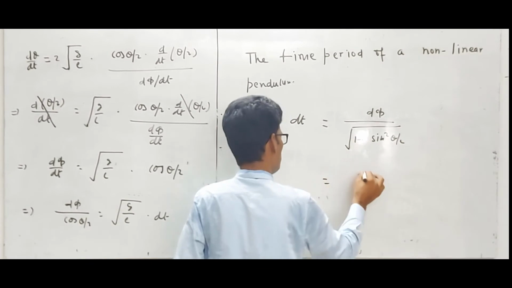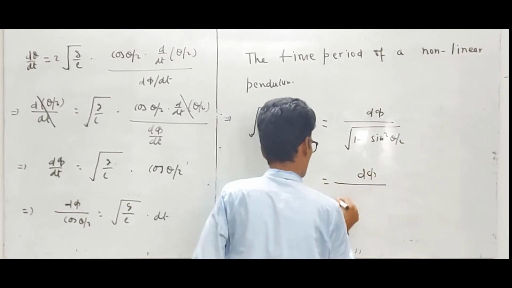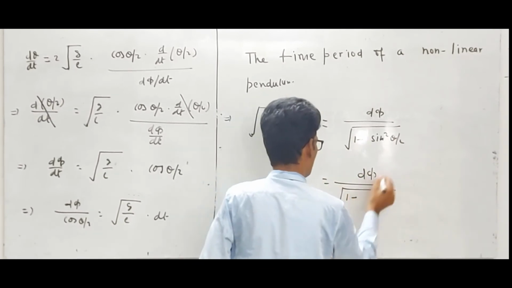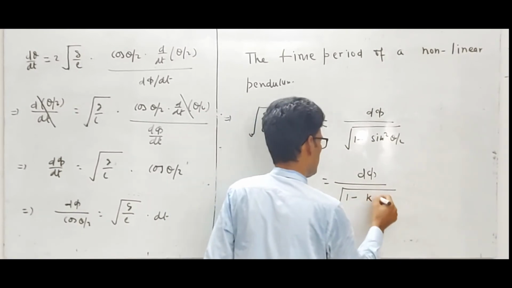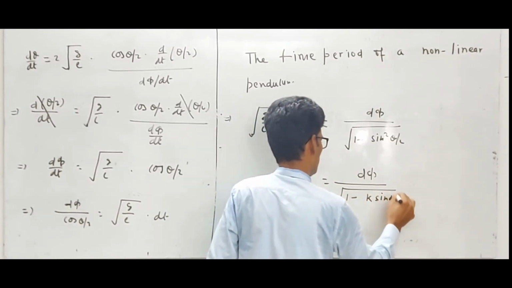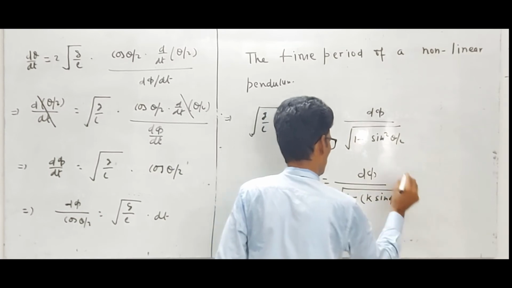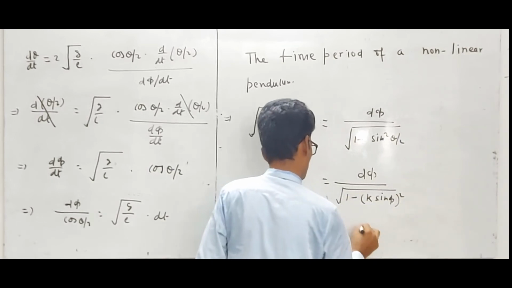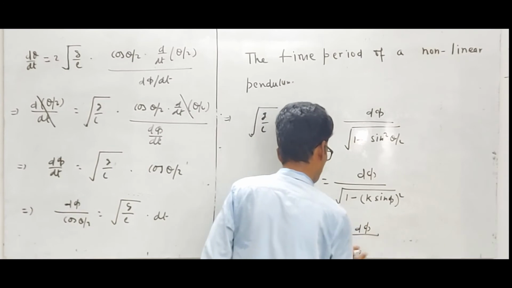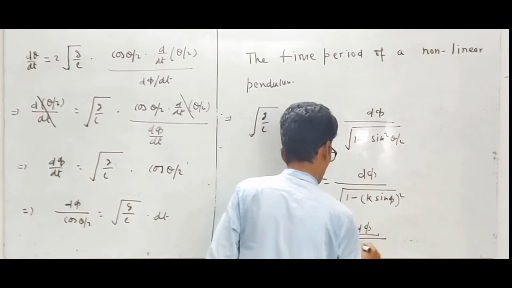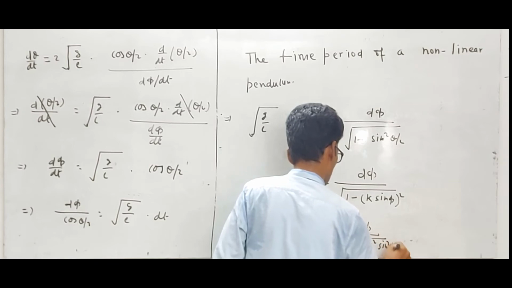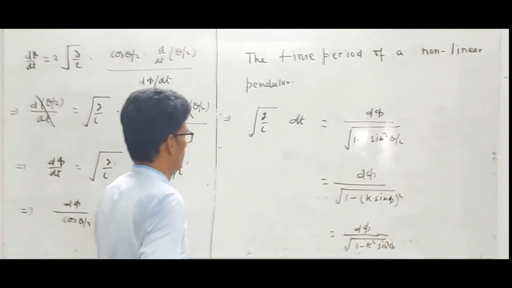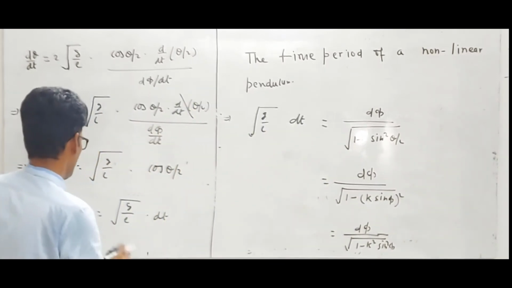What we have already assumed earlier is that sin theta by 2 is k sin phi, and it comes out to be whole square. So now this becomes d phi over square root of 1 minus k square sin square phi. So we arrived at this stage.